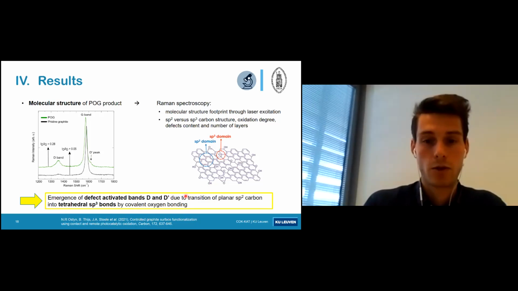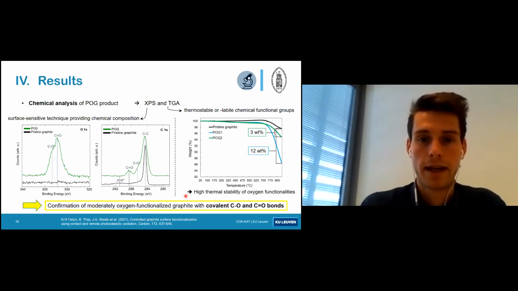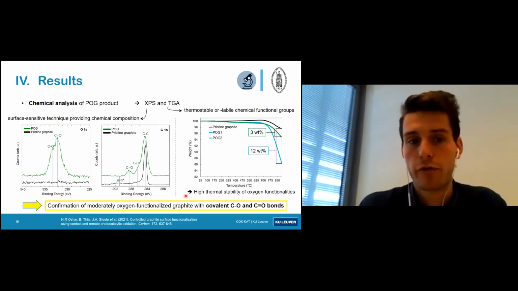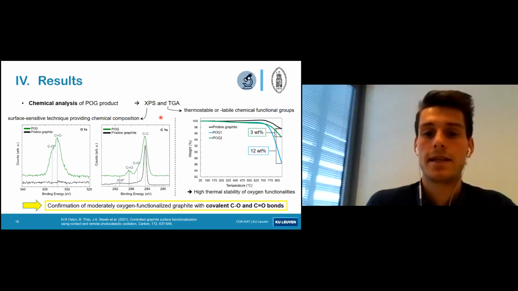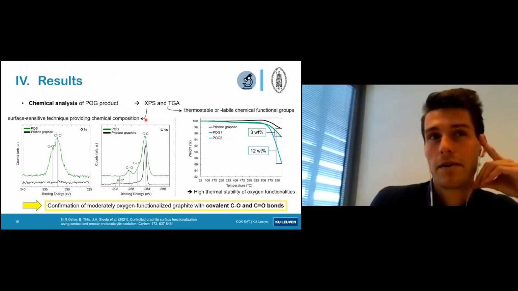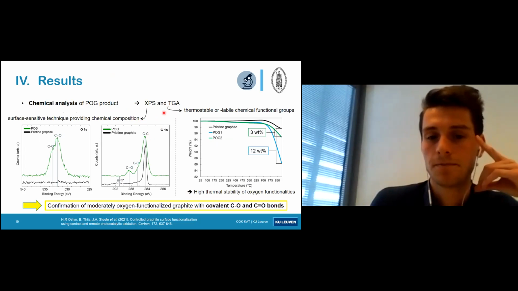This covalent oxygen bonding is then confirmed by more chemical analysis of the HOPG product, by XPS and TGA. XPS is a very surface-sensitive technique providing chemical compositions of materials.